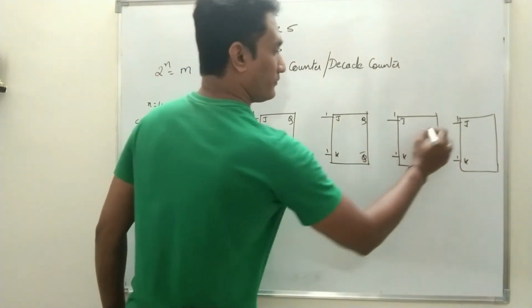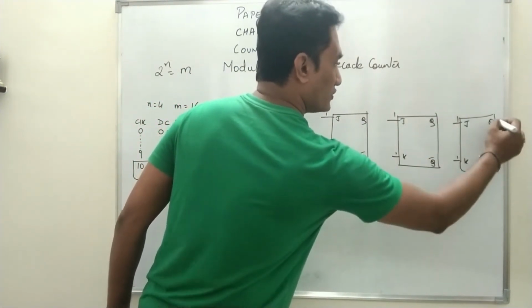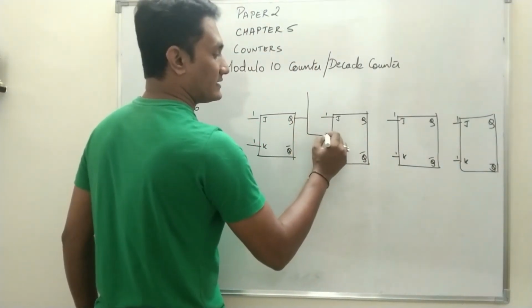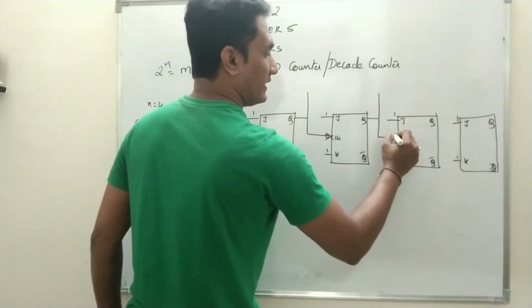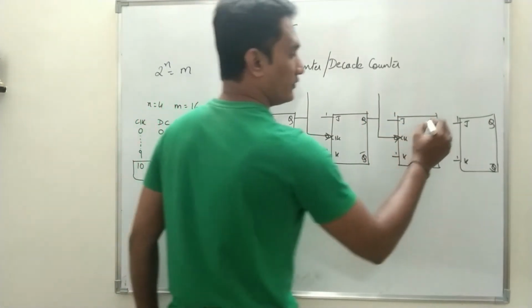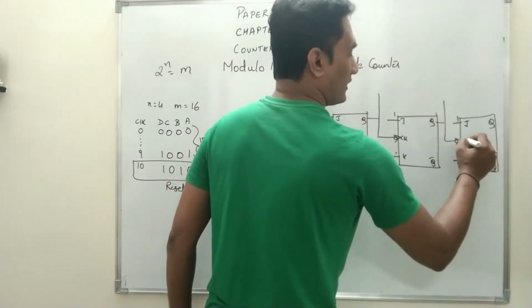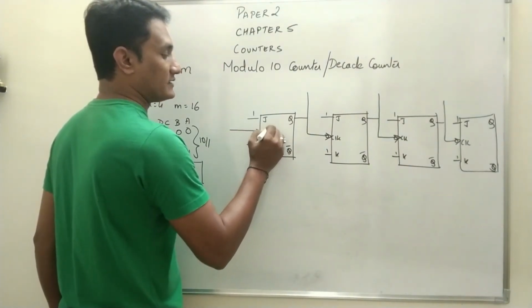So Q and Q bar are the two outputs. The output of the first is connected as clock input for the second. Output of the second is connected as clock input for the third. Output of the third is connected as clock input for the fourth. And for the first, the direct clock pulse will be applied.